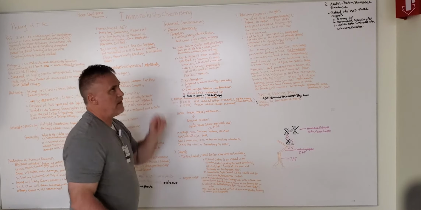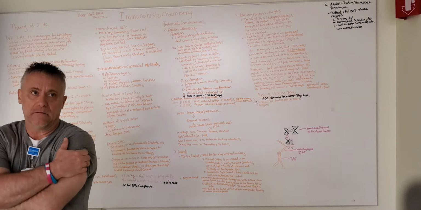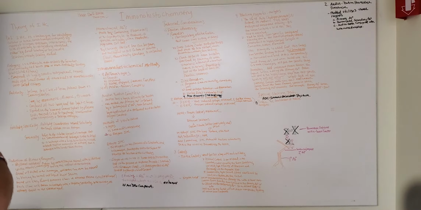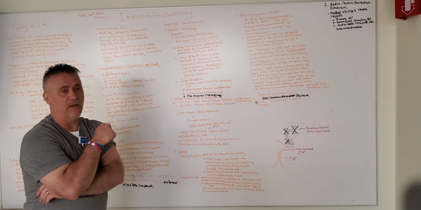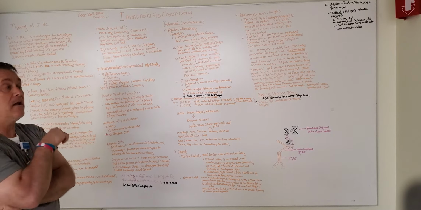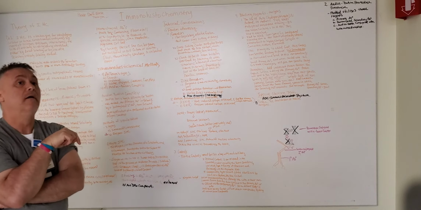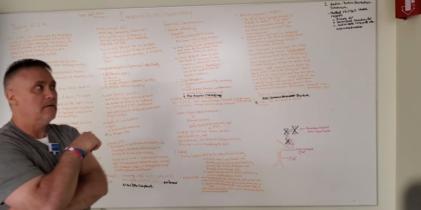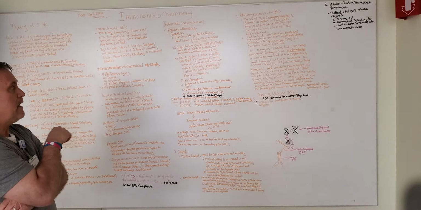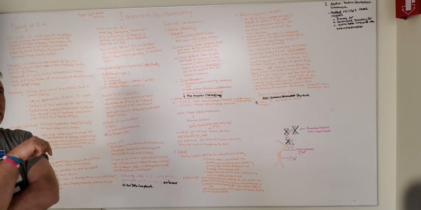Another fixative that's out there is called glyoxal, and I think that's more mentioned in the book than in your packets, but it's not going to be on the test. But I'm just letting you know that there is another one out there called glyoxal that's also safer than formalin, and it is a dialdehyde.